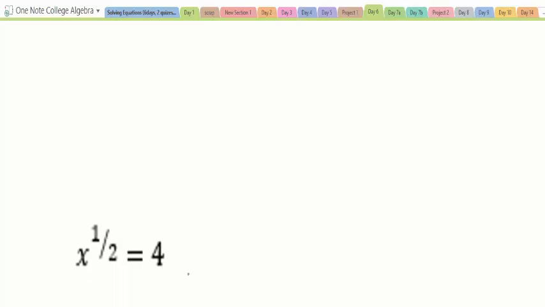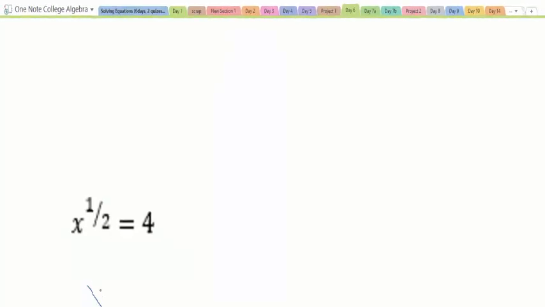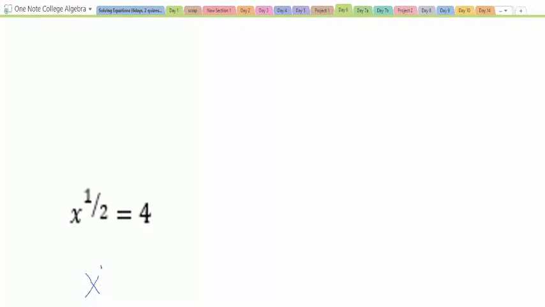Alright, let's look at an alternative notation. When I say x to the 1/2 power, now this is not x times 1/2, it is x to the 1/2 power. So this bottom number 2 is my index. It tells me what root. In this case, I have the square root of x.